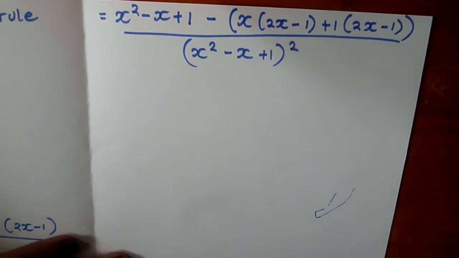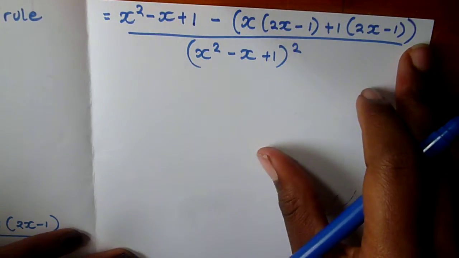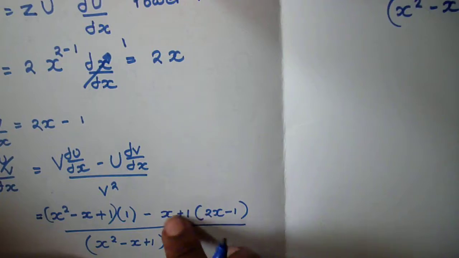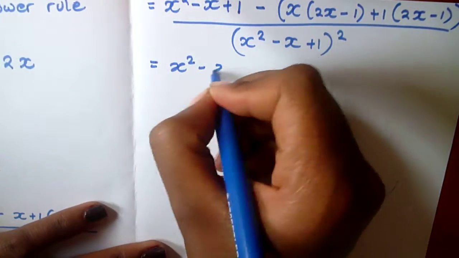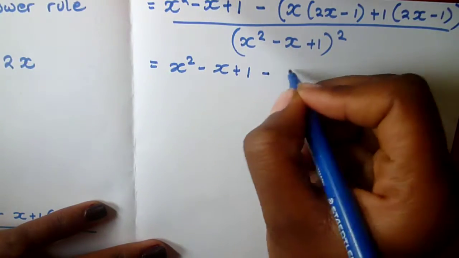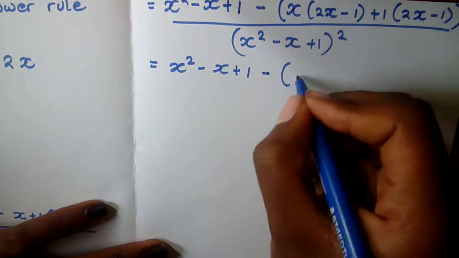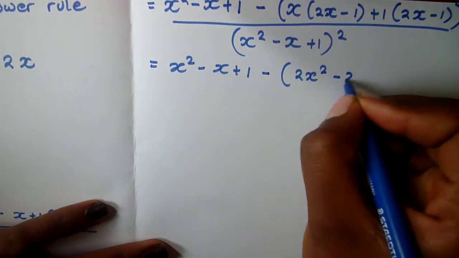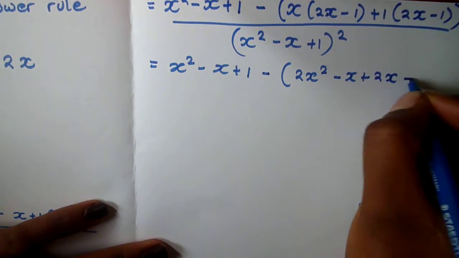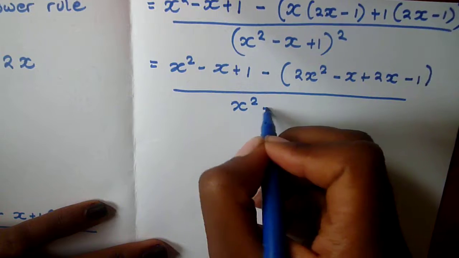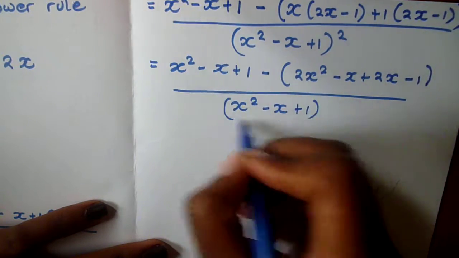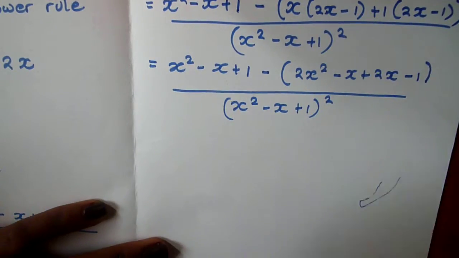I just expanded this part such that to get x squared minus x plus 1 minus. To expand this, it will be 2x squared minus x plus 2x minus 1 all over x squared minus x plus 1 squared.